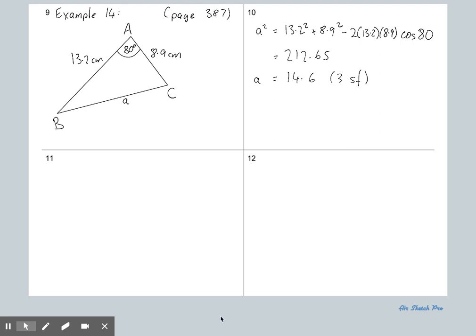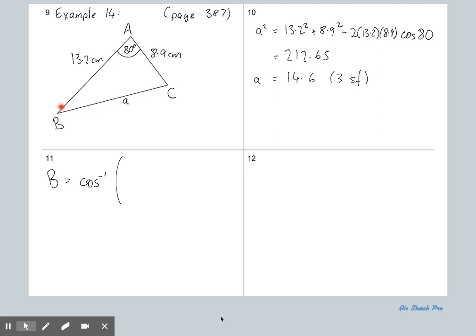The next thing is working out an angle. I've got one, so I'll pick another one. Arbitrarily, I'll choose angle B. And so I'll just start with saying that B is equal to inverse cos of, let me see now, I need the two legs of the triangle.